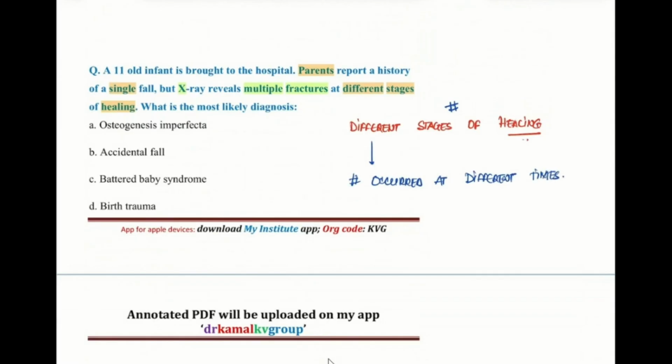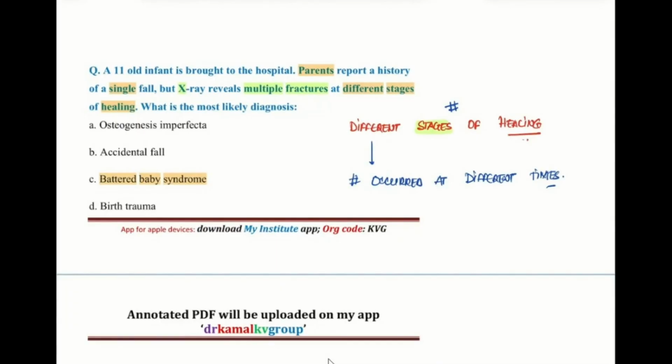So the timing of the fracture is different, and that is only possible if the parents are being cruel to the child, if they are beating the child, and therefore there are different episodes of assault or beating of the child. So there are different fractures occurring at different periods of time. So we will see fractures which are in different stages of healing.